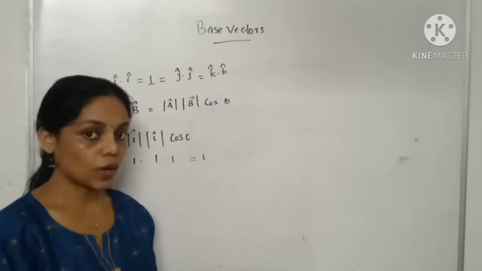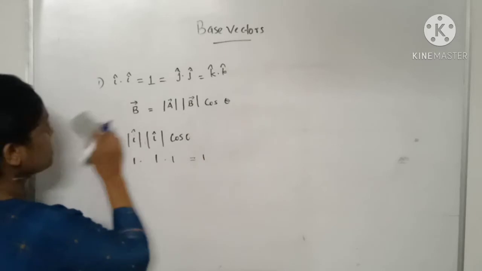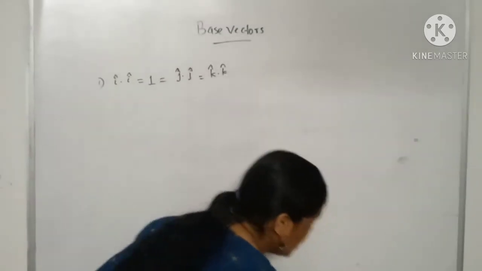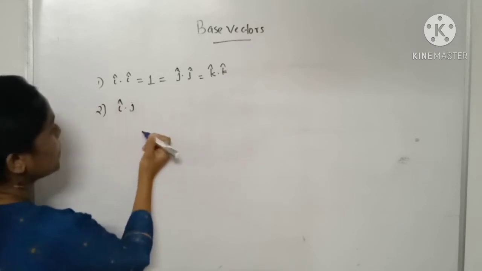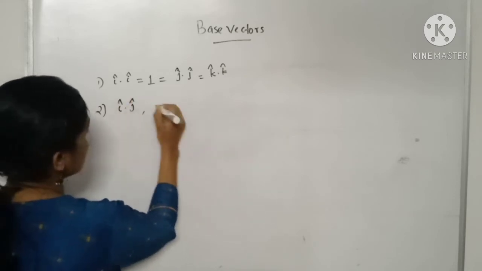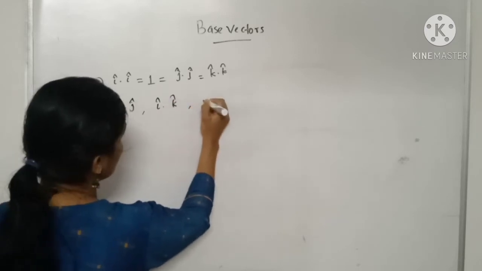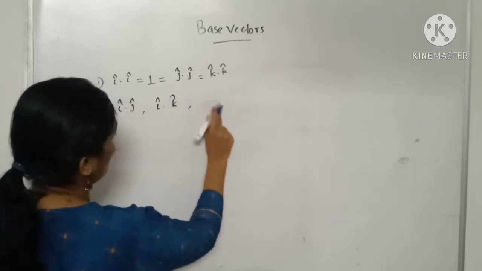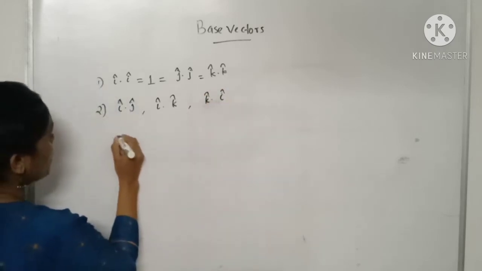And the next property is, what is i dot j, what is i dot k and what is k dot i? What is i dot j?